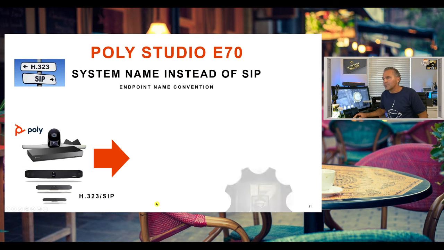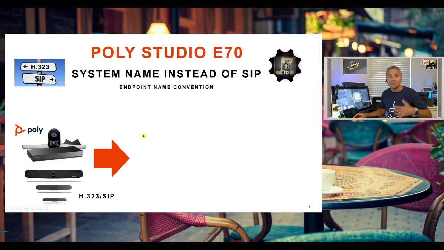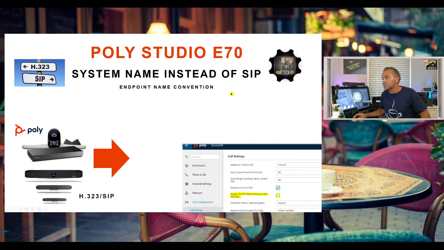Another nice thing in the 3.13, good to know, is you can use the system name instead of the SIP address. This is what you will see when you look in the Studio X web UI. You will see a new option under the call settings: display name instead of SIP address.